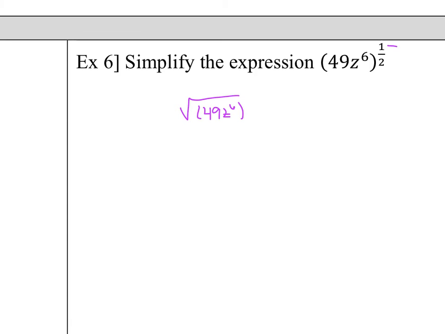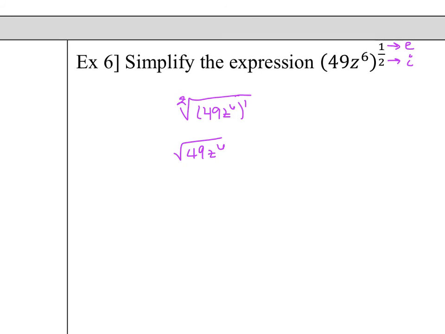Then the 1 is the exponent inside, so this is all to the 1st power. The 2 is your index, so I have another square root. So just like before, 49z to the 6th to the 1st is just the same thing as it was before, 49z to the 6th. And the 2 I don't need because the 2 is implied.